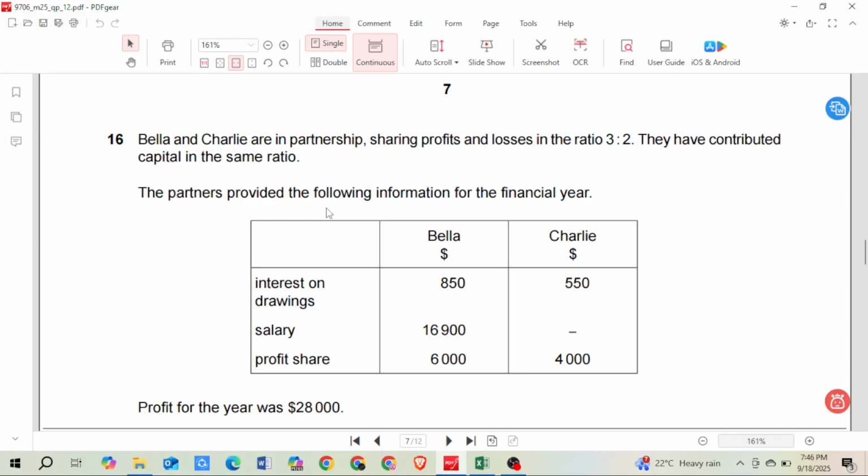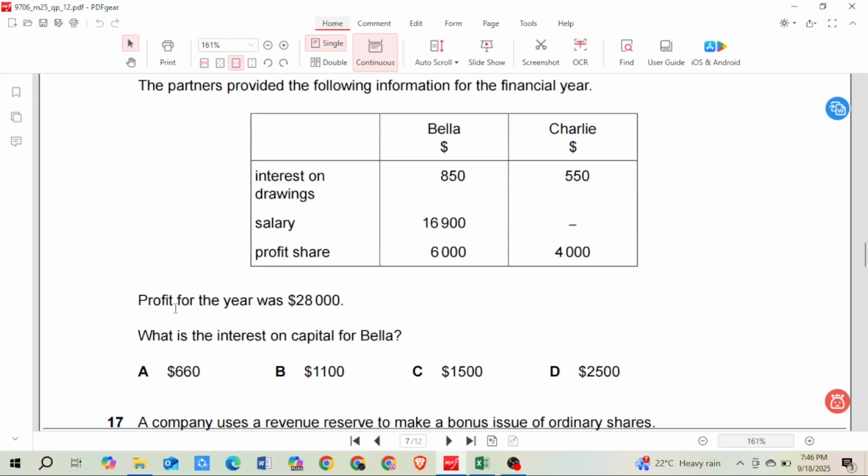The partners provided the following information for the financial year: interest on drawings for each partner, salary only for Bella, and then share of profit is 6,000 and 4,000. Then the profit for the year was 28,000. Question is, what was the interest on capital for Bella?